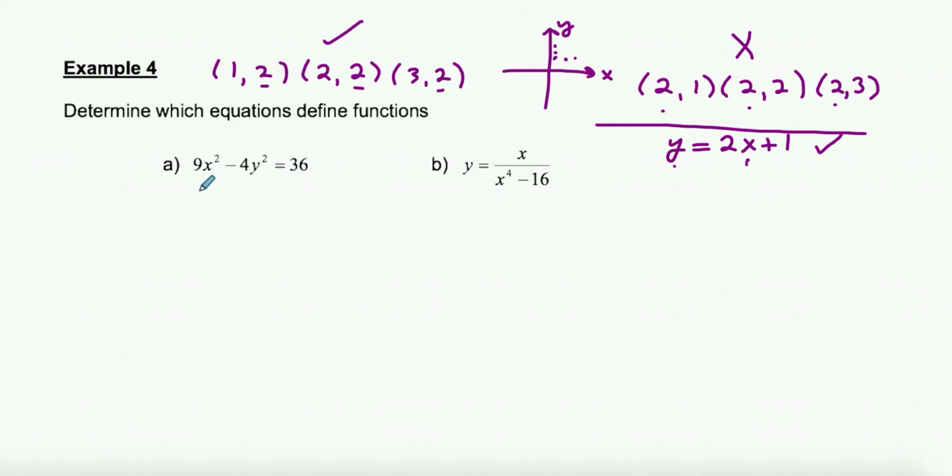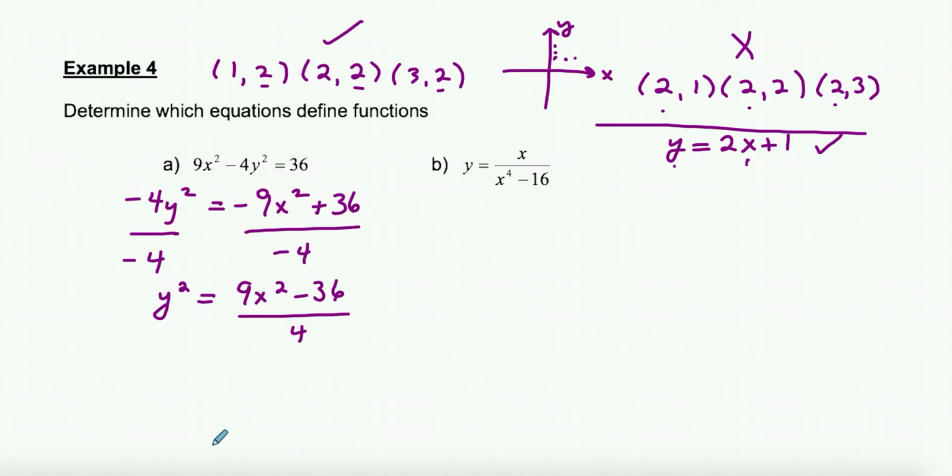So let's just look at this equation first. I would like to isolate the y. Maybe divide both sides by -4. So we still have y squared equals 9x squared minus 36 over 4. I would have to take the square root of both sides in order to isolate y.